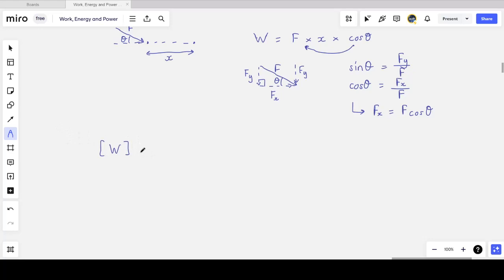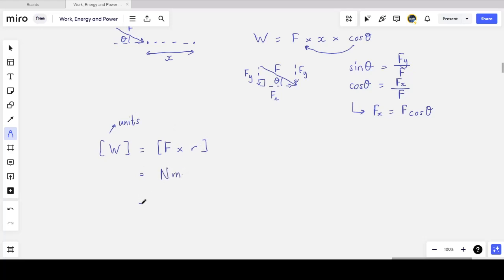Now, work done has units of measurement. I'll use square brackets for units of measurement. So the units of work done is the units of force multiplied by distance, since cosine theta is dimensionless. And this is a Newton meter.